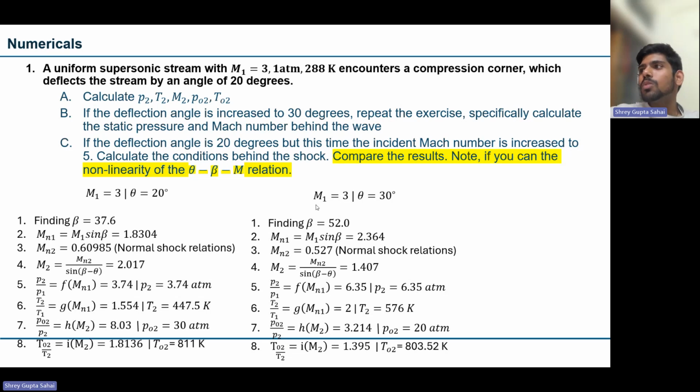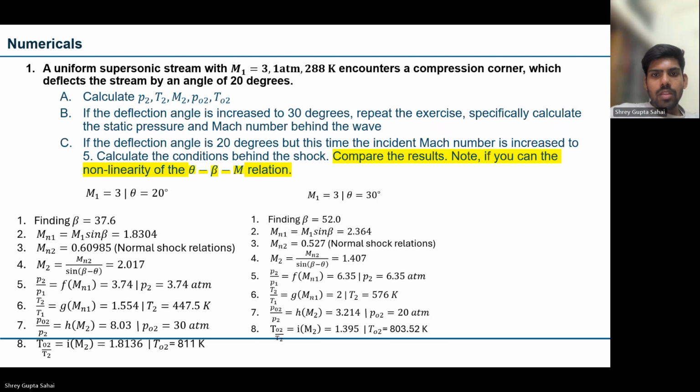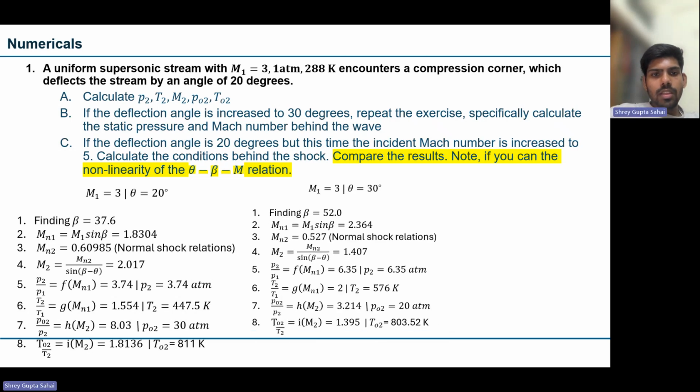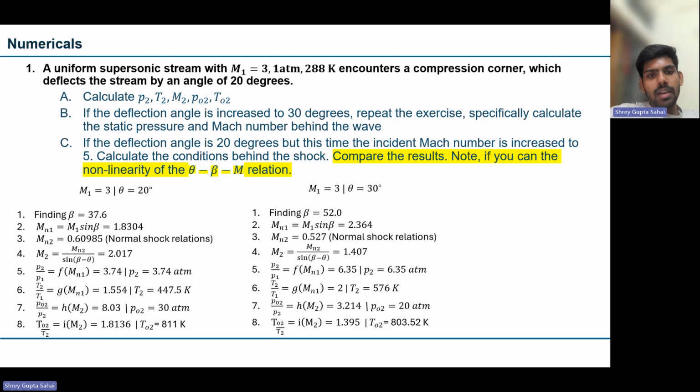Now let's go to the third part of this question. Theta will remain 20, but we'll increase the Mach number.